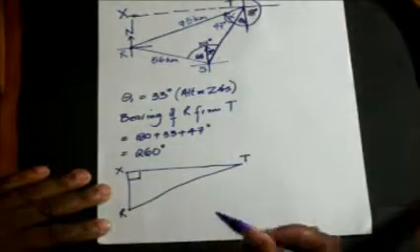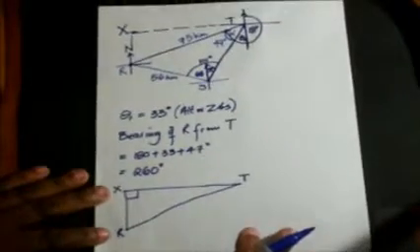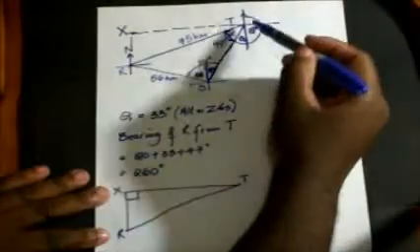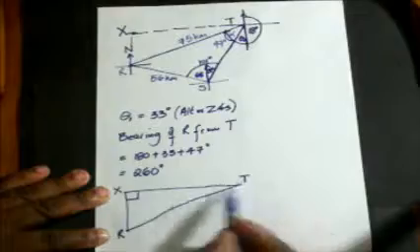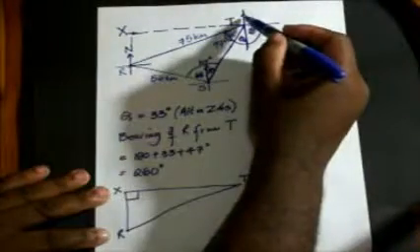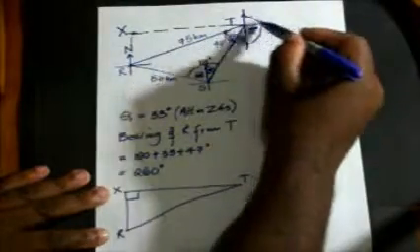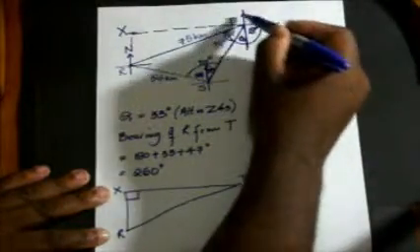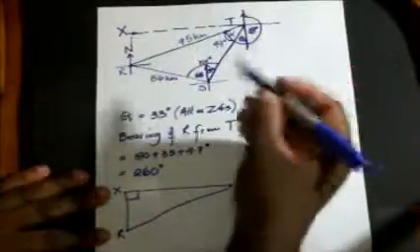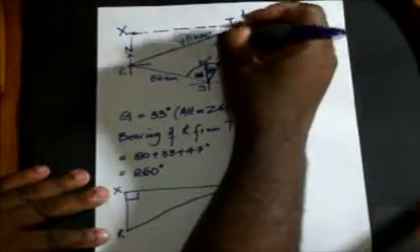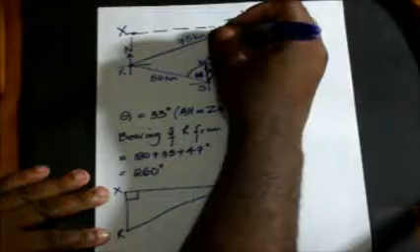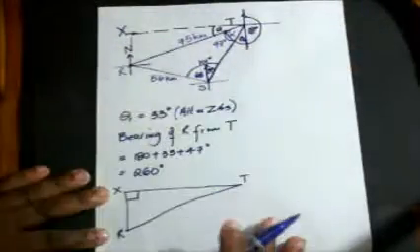Now, if you remember from our diagram, T is west. And the angle between north and the line connecting R and T is 260 degrees. So the only piece that is left, let's call it A, is this piece.